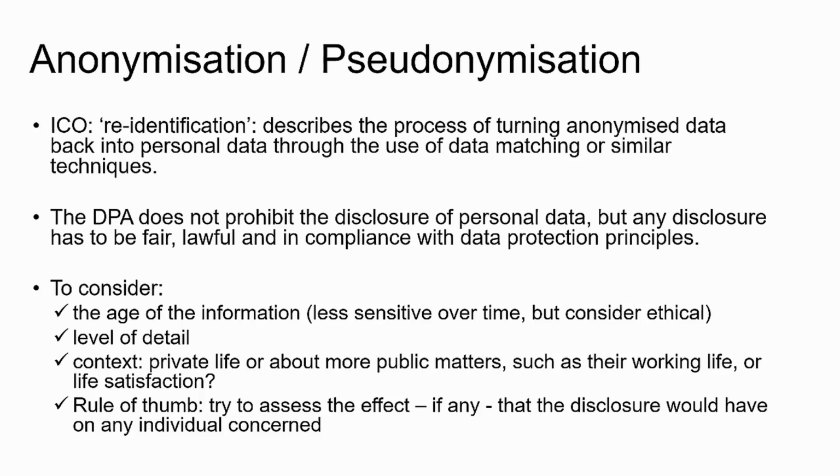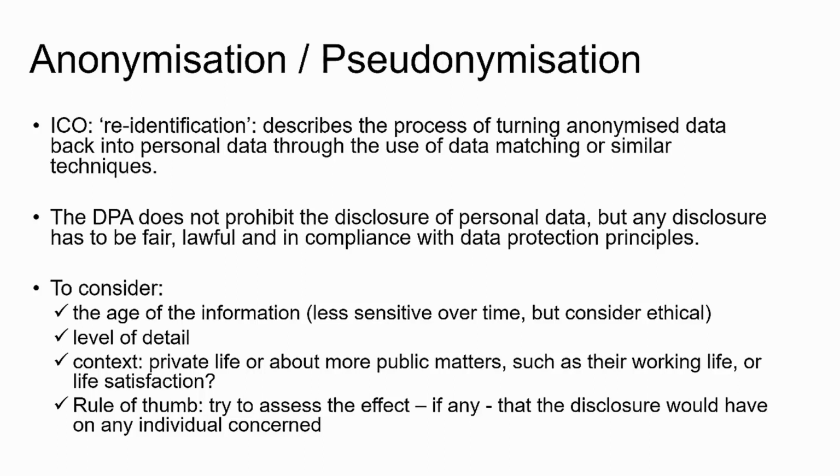Right, so what we need to consider when we anonymize or pseudonymize data is the age of the information. Of course data becomes less sensitive over time, but there we might need to consider ethical considerations. For example, data that might not link to someone because that person is deceased might however affect their relatives who might still be alive.